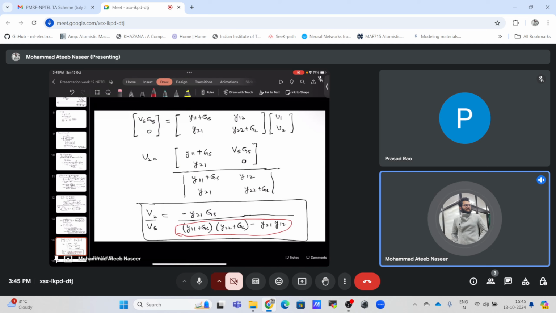But this cannot be 0, otherwise we will have oscillations, because the system will not be stable. If we try to make this 0, we will have a self-sustained circuit.